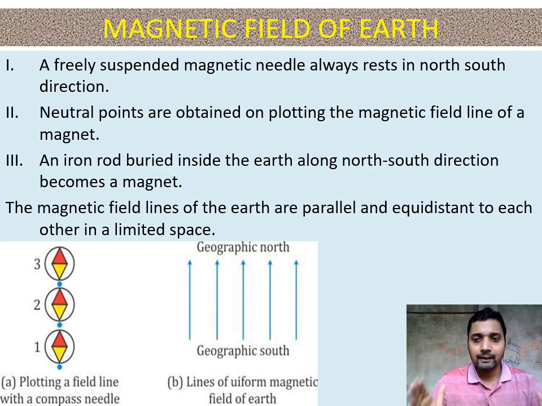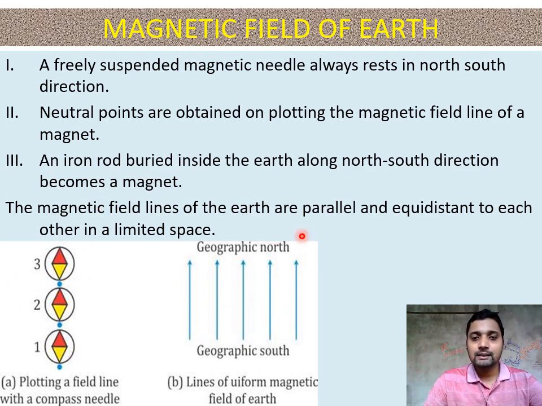I told you that on a paper, we take a bar magnet and a magnetic compass and draw the magnetic lines. We get a straight line. Here you can see a straight line, one side for the compass and the other side for the compass, this one 1, 2, 3, and this one, the magnetic field line.